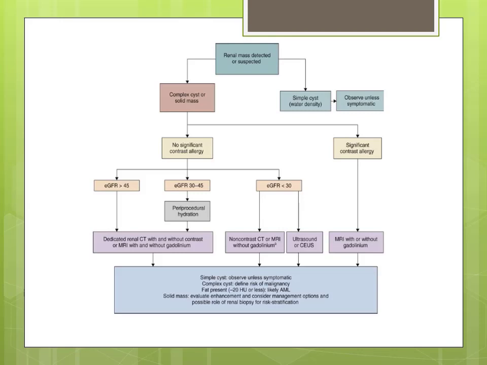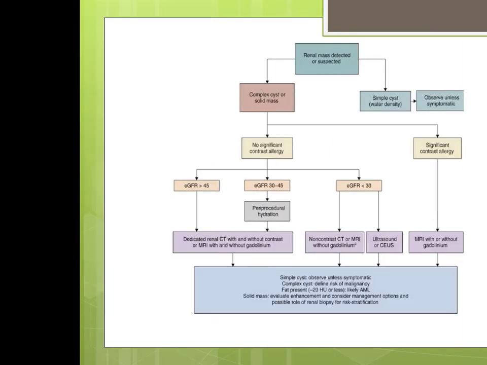Now we will ask the patient if he has any significant contrast allergy. If the patient has any significant contrast allergy, we will consider an MRI without contrast. We do not give him or her contrast. We simply do a plain MRI or plain CT. If the patient has no significant contrast allergy, we should check the estimated GFR first. If the eGFR is greater than 45, we are in a safe zone and we can perform a dedicated renal CT scan along with the contrast.